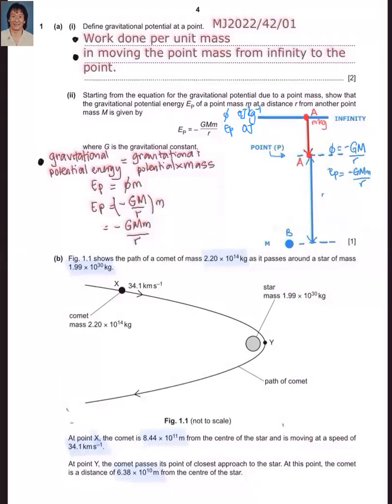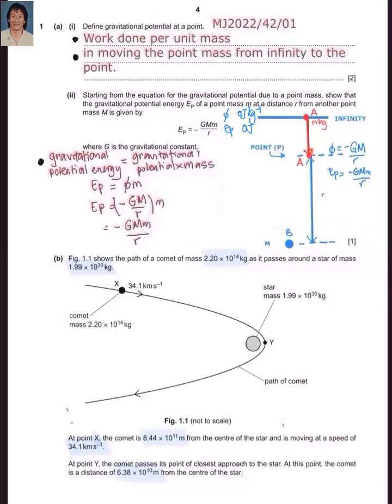Then, work is done by A when you move from infinity to the point P, because the gravitational force between A and B is always attractive. No effort is needed to move A from infinity to P, because B always attracts A. Work done by A is therefore negative.